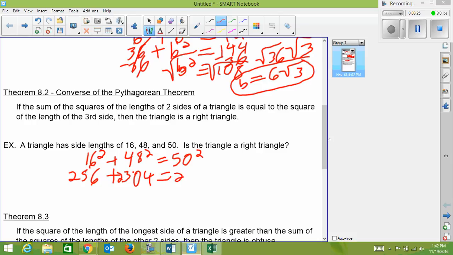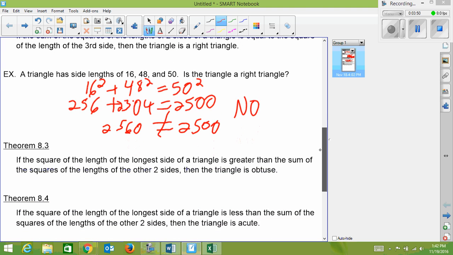And 50 squared is 2500. So if you add these two together, you get 2560. So 2560 does not equal 2500. So your answer is no, that is not a right triangle. It does not mean it's not a triangle, it just means it's not a right triangle.